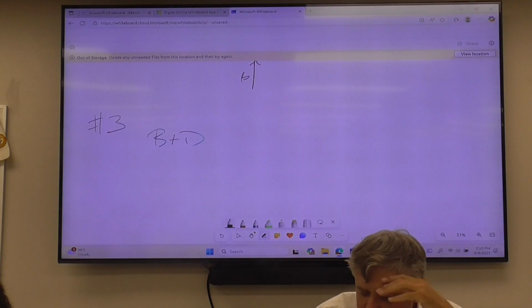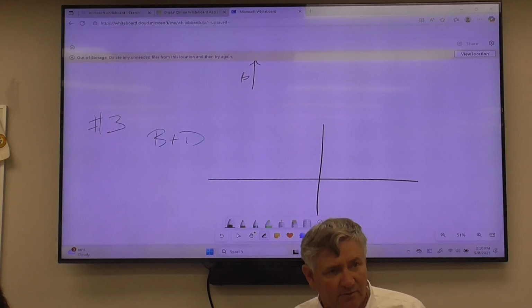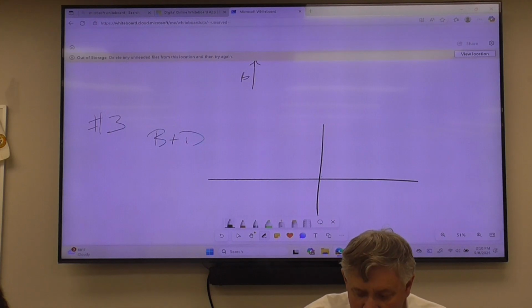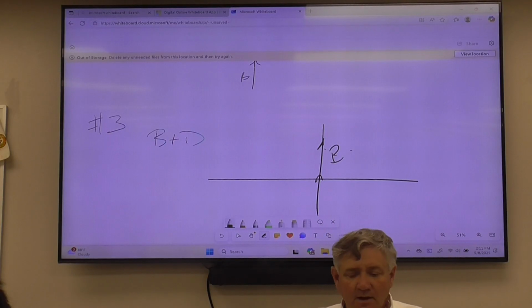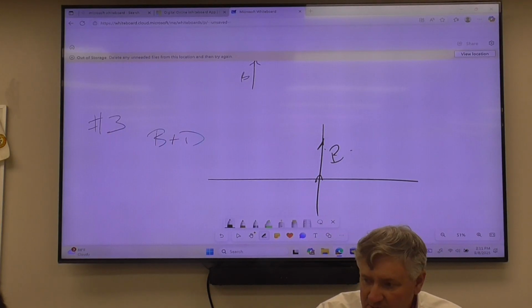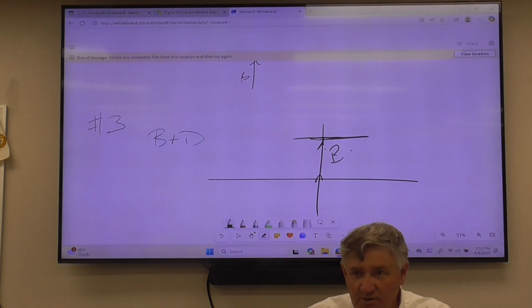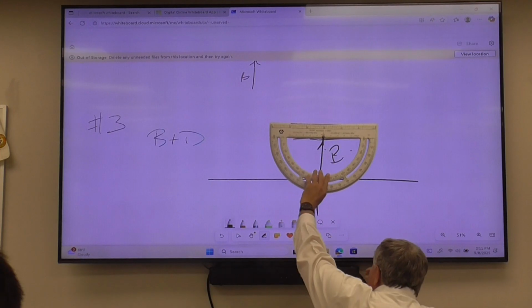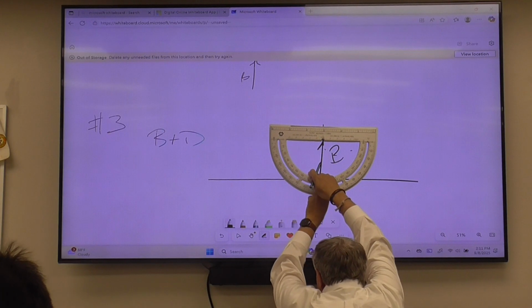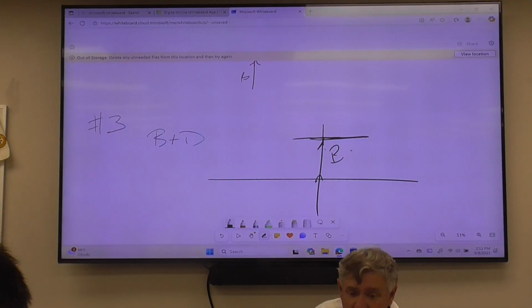So what I would recommend is that here's going to be your X and Y coordinate system. Measure up 3 centimeters. There's going to be vector B. Boom, draw vector B. Then you have to do D. D now becomes a new X and Y system. So from the end of this, I'm going to measure around 70 degrees to get to that 250, okay?